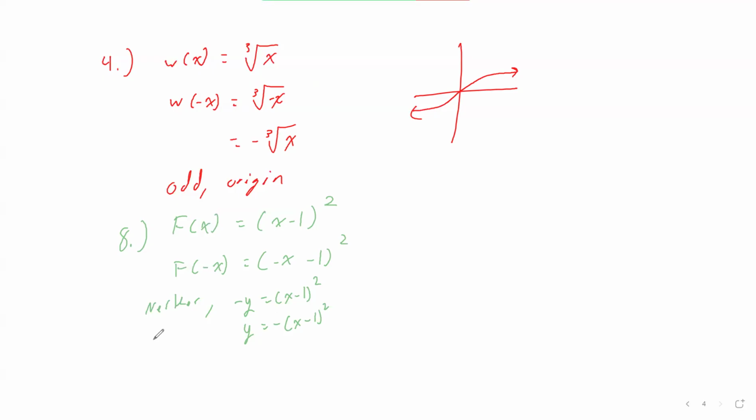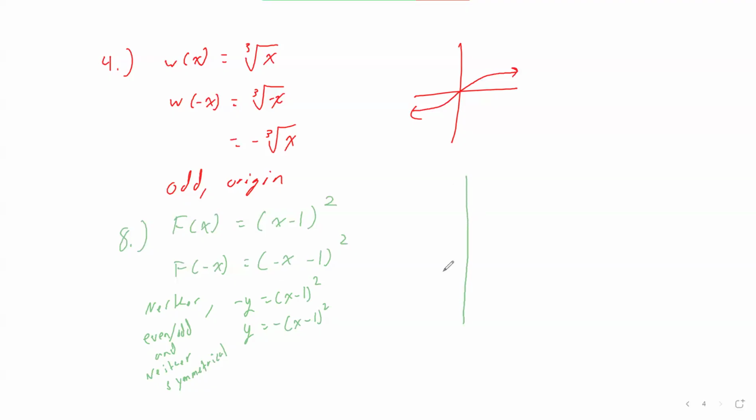So therefore, this is neither even nor odd, and neither symmetrical to anything. Again, for the y-axis, if I made this a negative and solved for y, I should get the original problem back, and I won't.